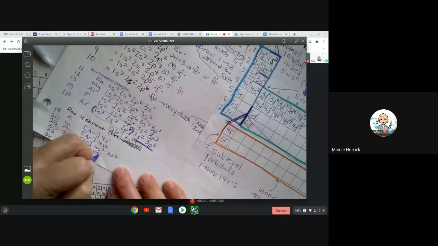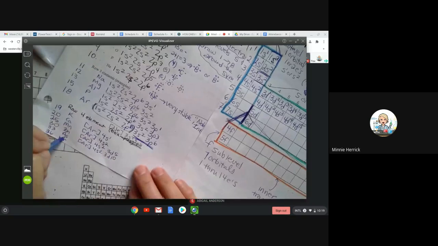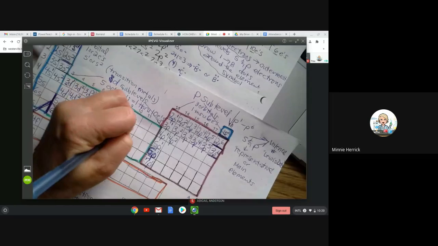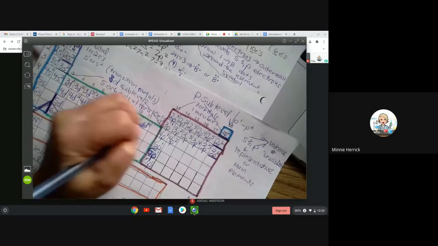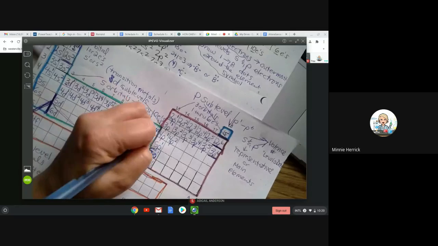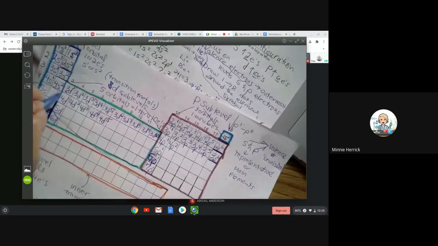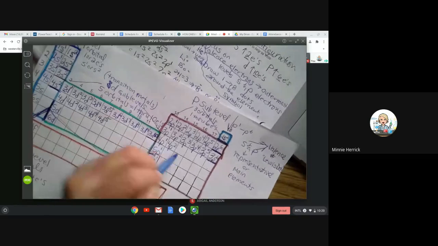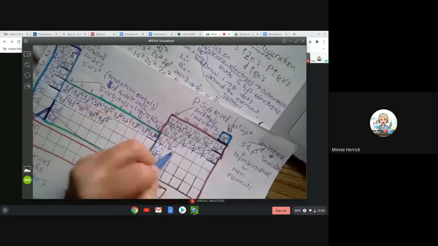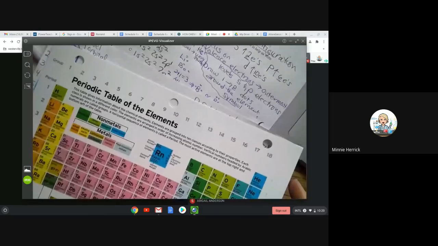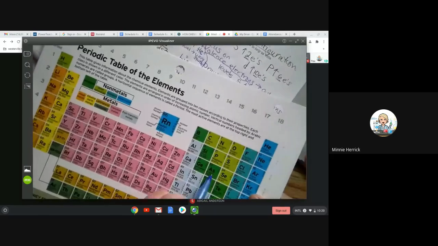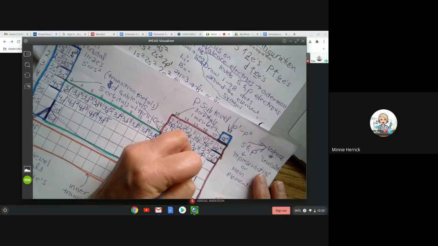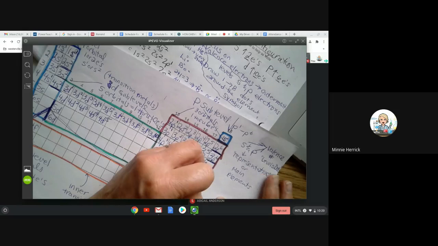Argon 4s2 3D10. And then arsenic, because now we're past it, we're going to put 3D6, 3D7, 3D8, 3D9 for copper, and then 3D10 for zinc. Okay, now that it's a full sublevel, we're going to use this as a full sublevel, and then we're going to count over to get the arsenic, which is the third box over, 4P1, 4P2, 4P3, okay, and it's going to be 4P3 here, 4P4, 4P5, and 4P6.